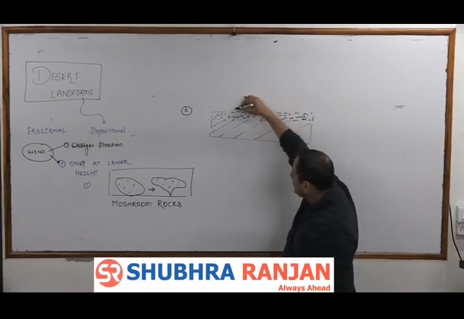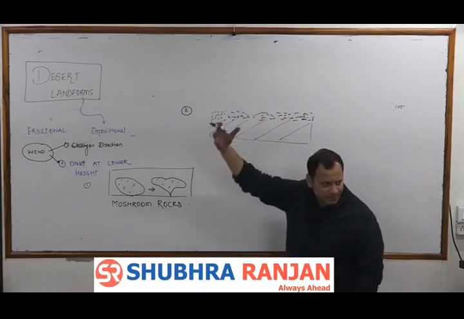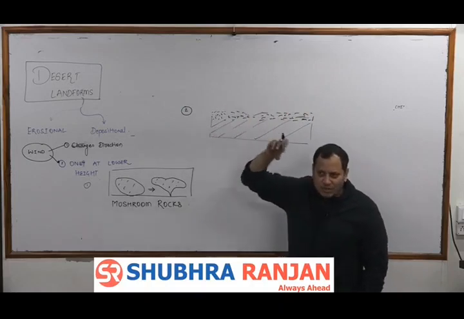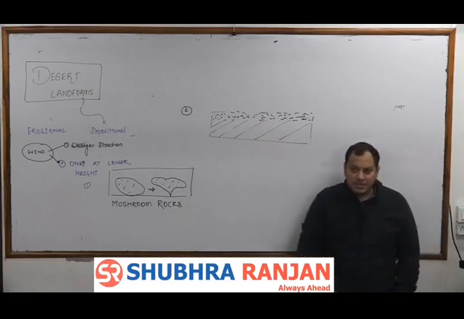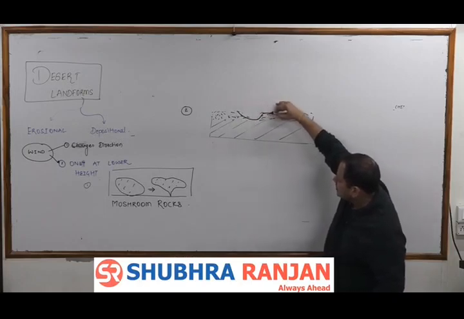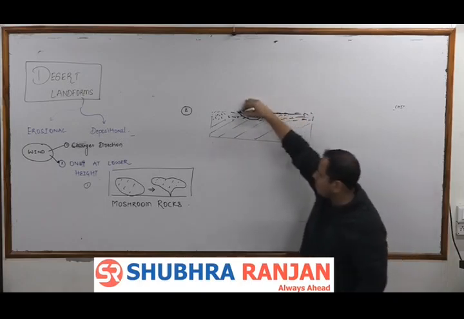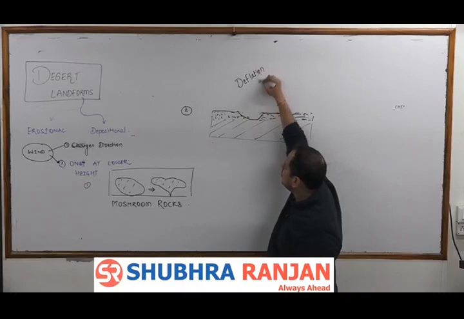Now next time when the wind comes, it will go like this through this depression, and it will pick up more sands. Over a period of time, wind will pick up sands from some of the depressions and blow it away, resulting in the deepening of depressions, and we will call such sand blown depressions that are formed deflation hollows.